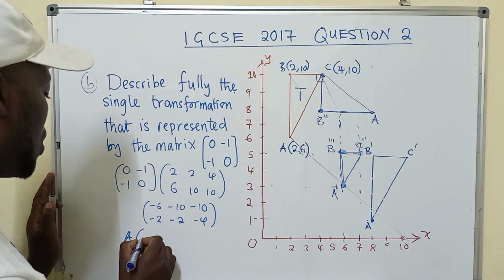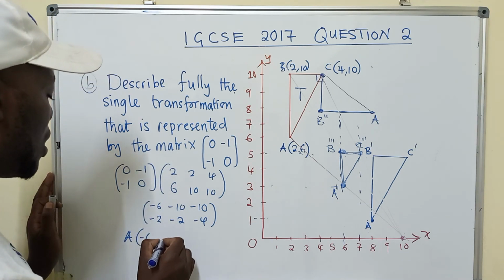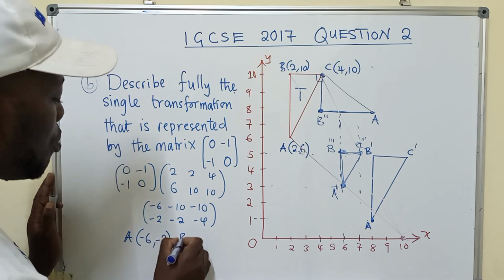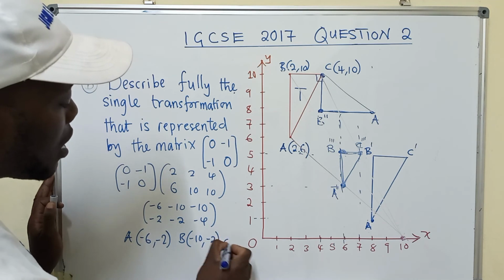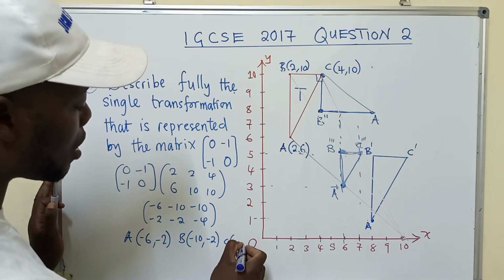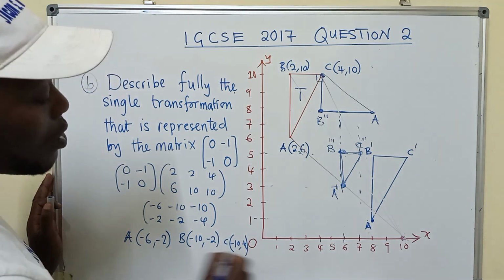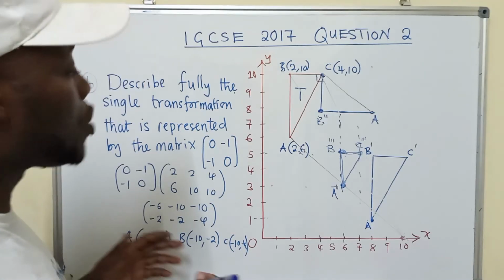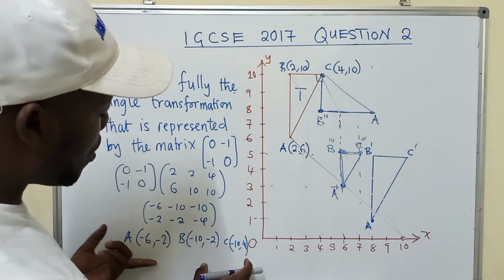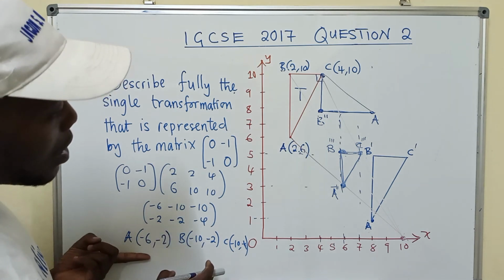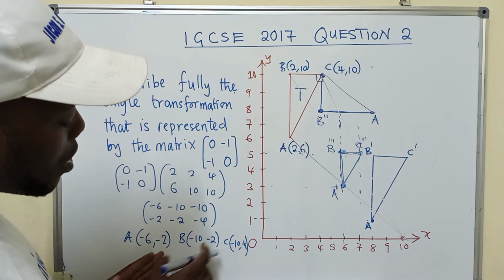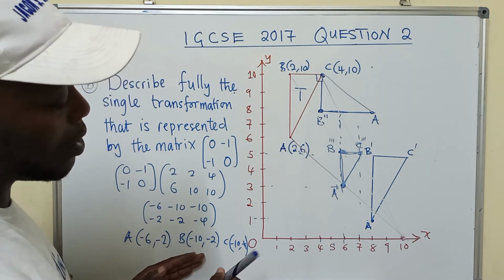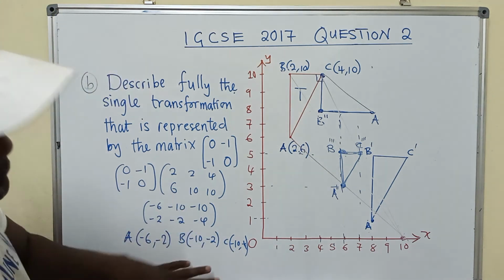Meaning our A will be negative 6, comma, negative 2. Our B, negative 10, comma, negative 2. And our C, negative 10, comma, negative 4. So these are the coordinates we are going to have. Now if you just look at these coordinates, they will show you that this image will be in the third quadrant. It will be somewhere down here.